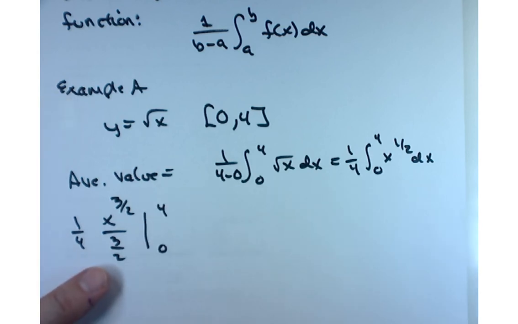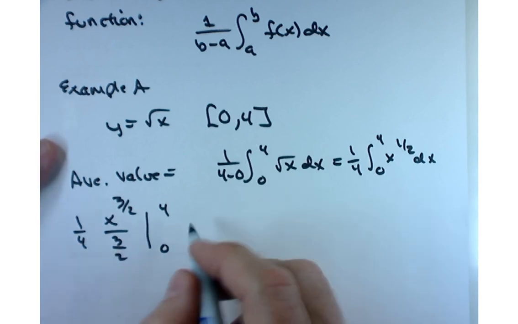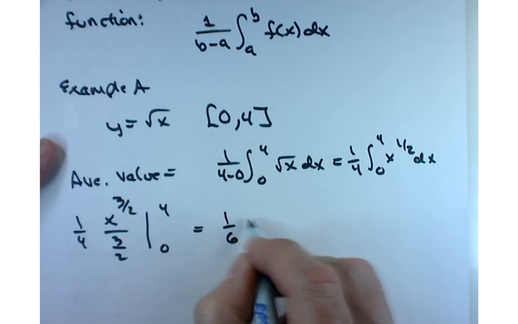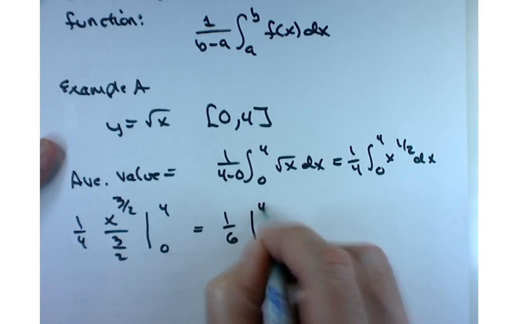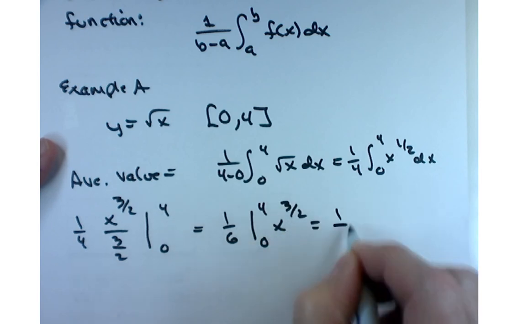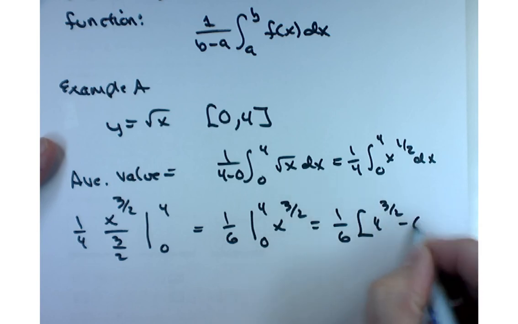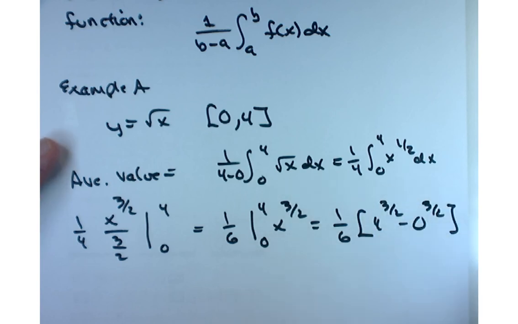Maybe not a bad idea to clean this up a little bit. 1.5 times 4 is going to be 6. So I'll do that as 1/6, 0 to 4 of x to the 3/2, or 1/6 times 4 to the 3/2 minus 0 to the 3/2.